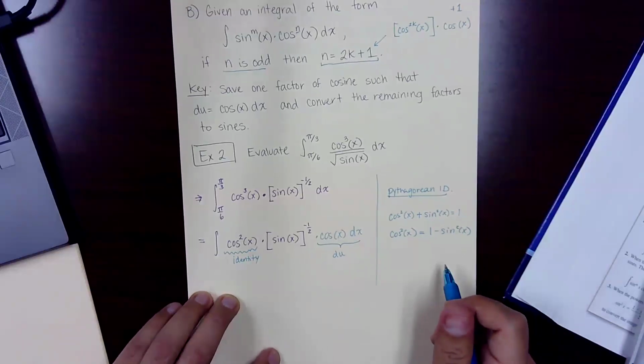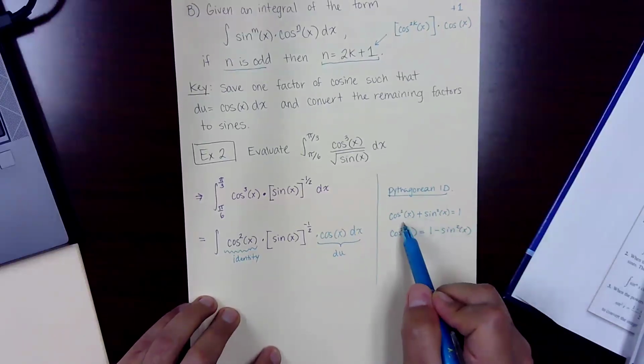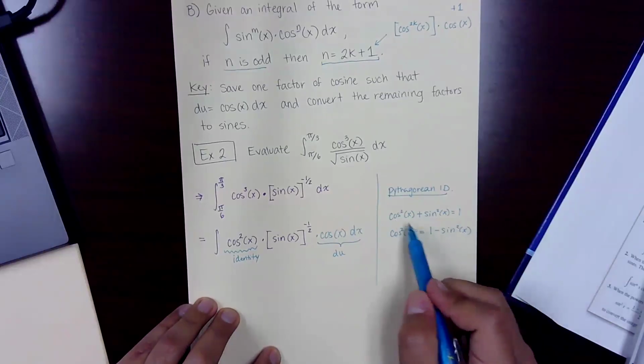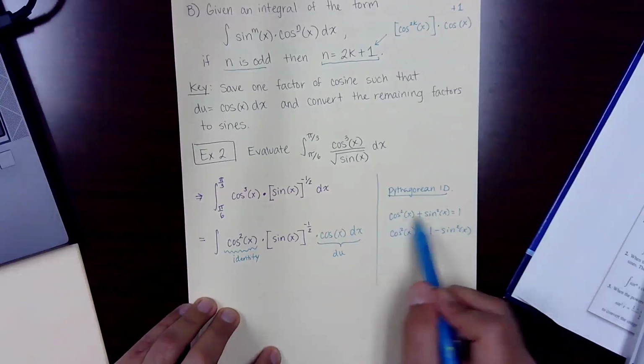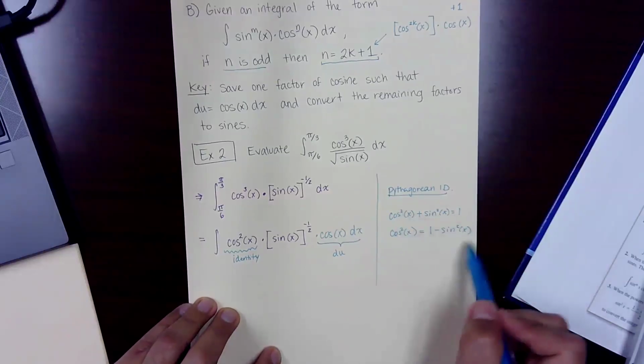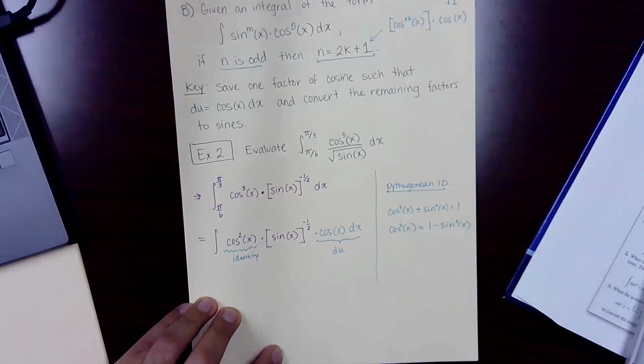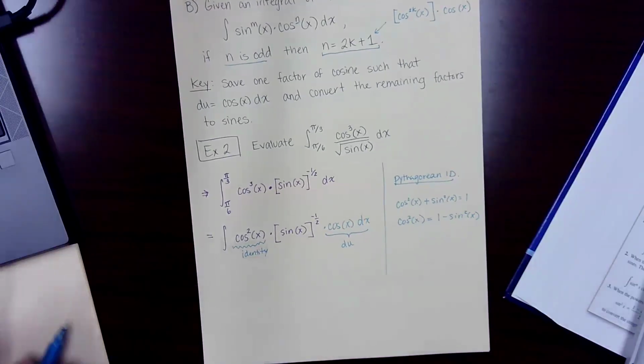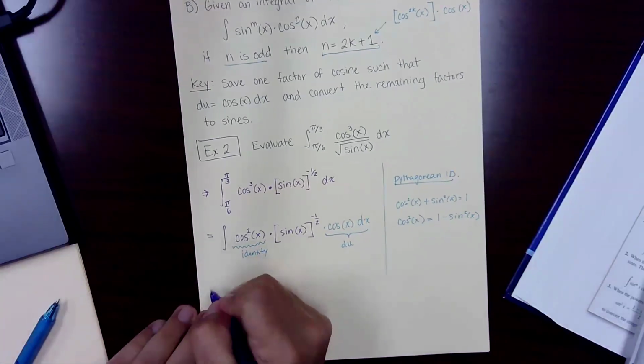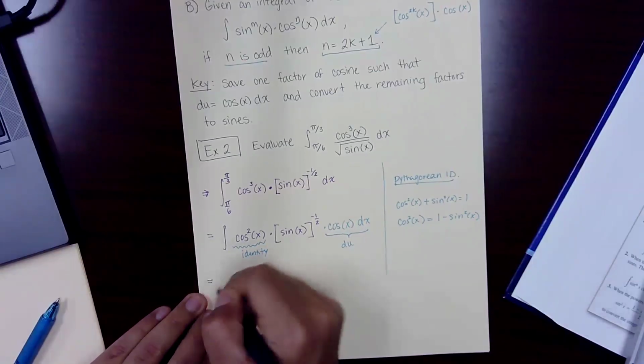Okay. And at a certain point, I'm probably going to stop writing this algebra where I write down the original Pythagorean identity and subtract something over to the other side, because I'm going to assume that you guys can do that in your head. So if I ever lose you by doing that, just stop me and ask me what happened here.